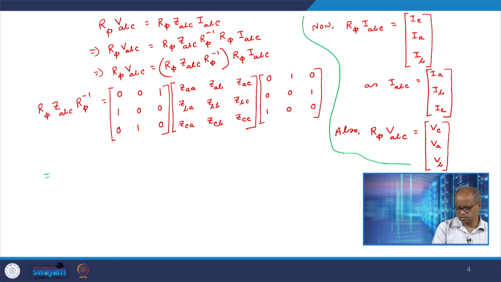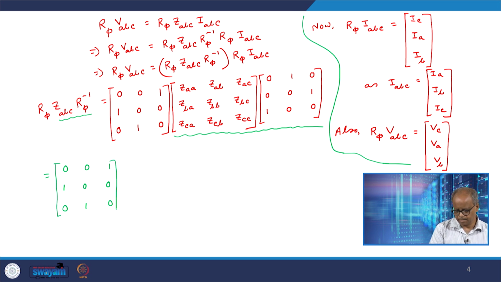Now let us first do this evaluation, Z_ABC into R phi inverse. So then what would be that evaluation? R phi is 0 0 1, 1 0 0, and 0 1 0, and then this into this.